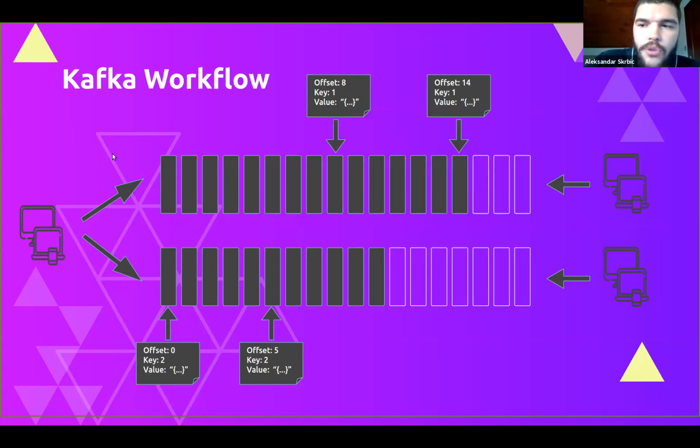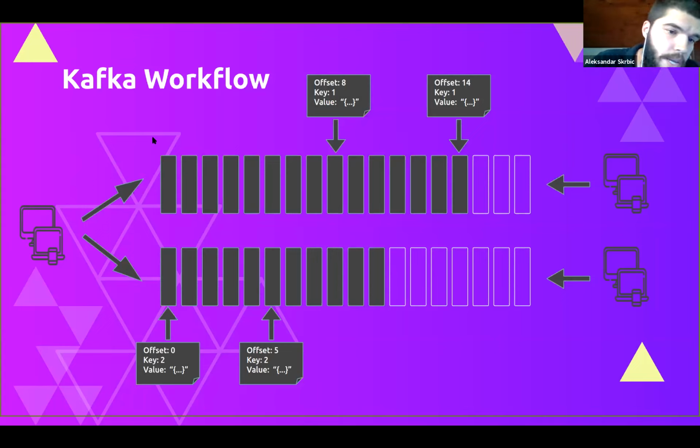But since Kafka 2.4, there is something called the sticky partitioner that uses a more sophisticated algorithm than round-robin to distribute messages without a key across partitions, but that's not so important.